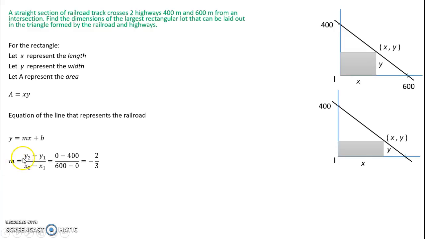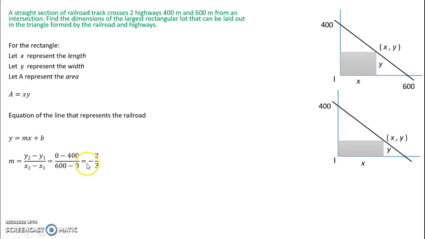So the slope is equal to y2 minus y1 divided by x2 minus x1. In this case, 600 and 0 is our second point, and our first point is 0 and 400. So we're doing 0 take away 400, divided by 600 minus 0.